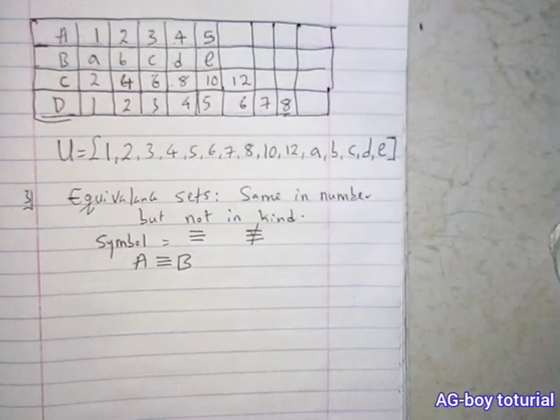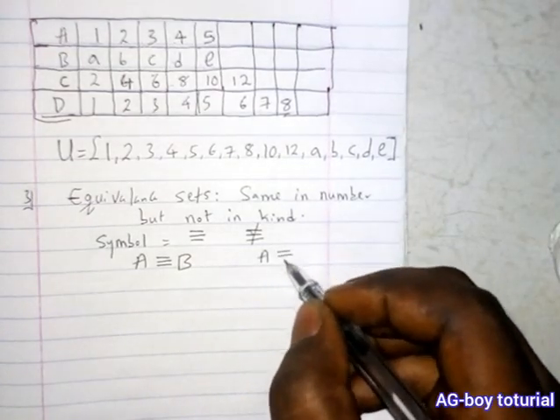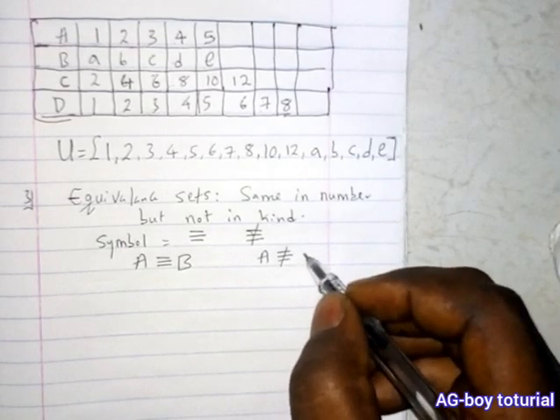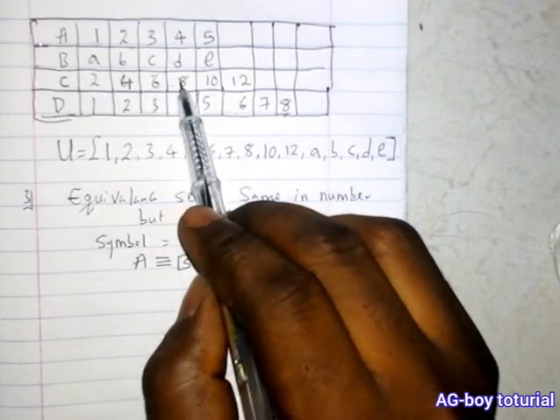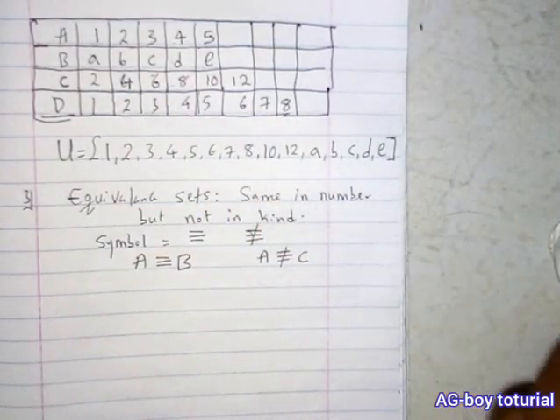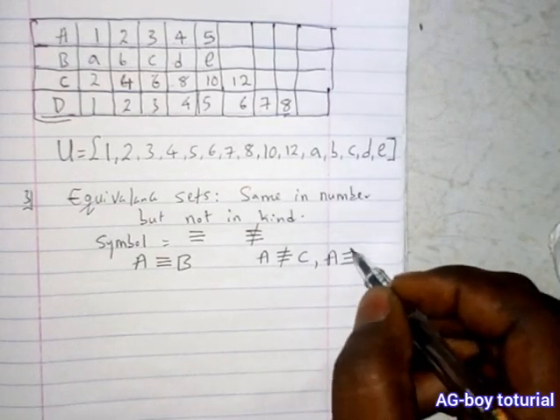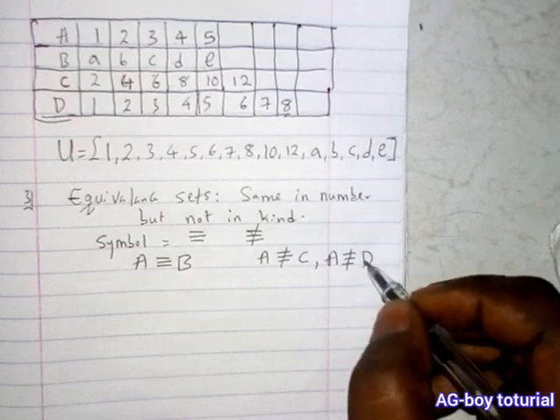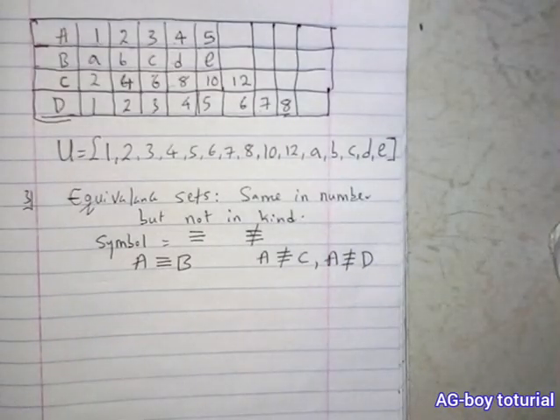But we can also say A is not equivalent to C. If you count it, this is 5, and this is 1, 2, 3, 4, 5, 6. So A is not equivalent to C, and also A is not equivalent to D. It's only equivalent to B because they have the same numbers, but not the same kind.